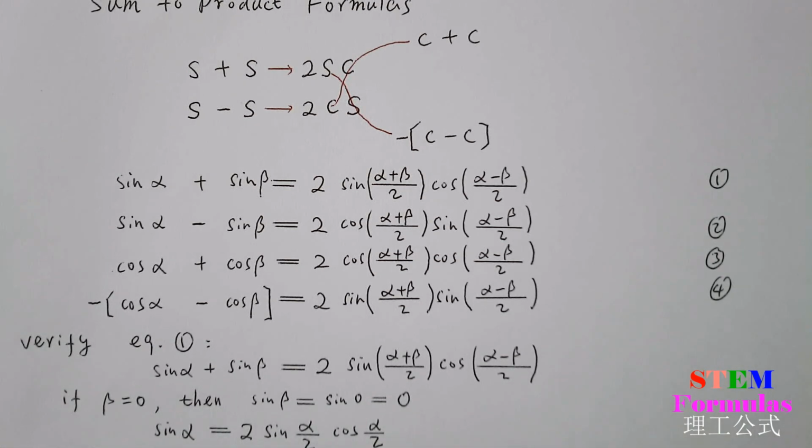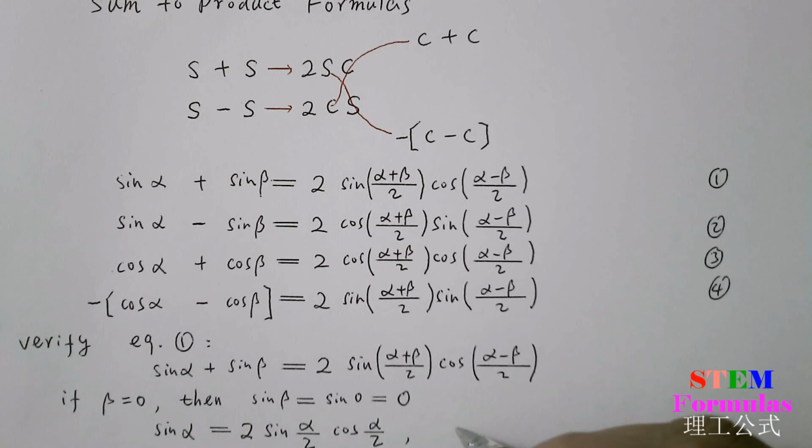And this equation is the same equation as sine double angle, because we remember that sine 2 theta equal 2 times sine theta cosine theta. So if you remember this formula, sine 2 theta equal 2 times sine theta cosine theta.